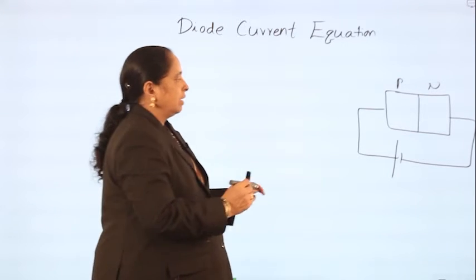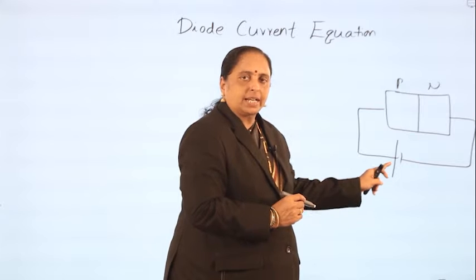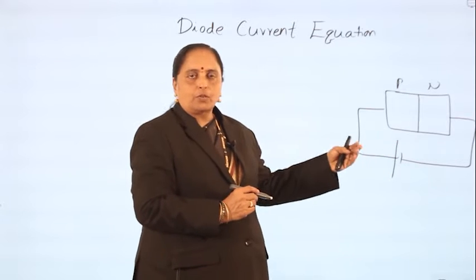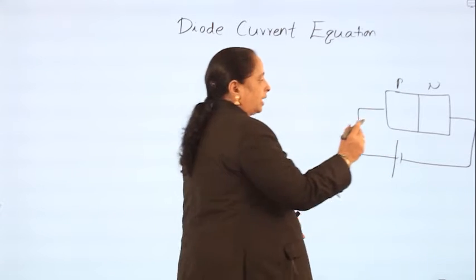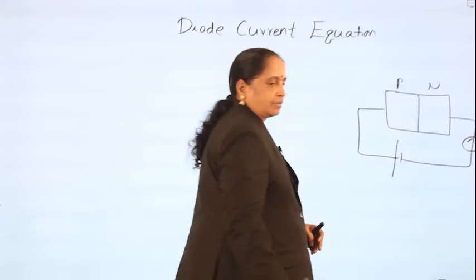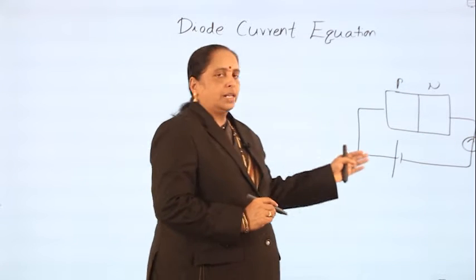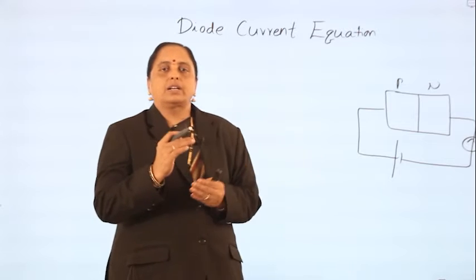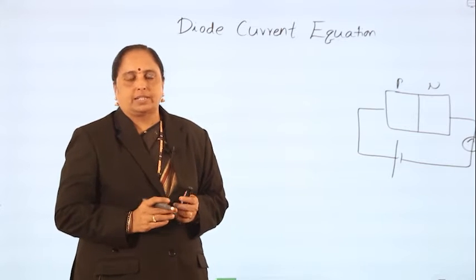When the external voltage increases, that means if the forward bias increases, the corresponding diode current also increases. So V and current are directly proportional to each other.